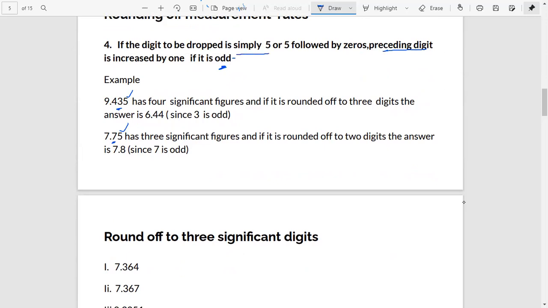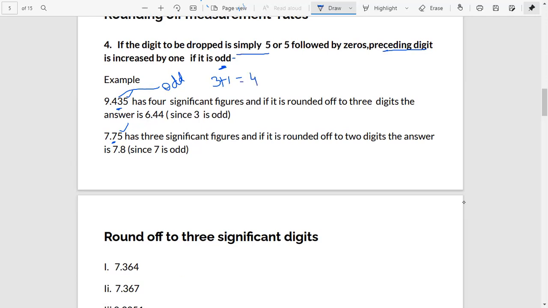So this 5 has to be dropped. But while dropping it, we will not simply drop it. We increase the preceding digit by 1, because the preceding digit is odd. This 3 is an odd number, so 3 should be added with 1 and converted to 4.